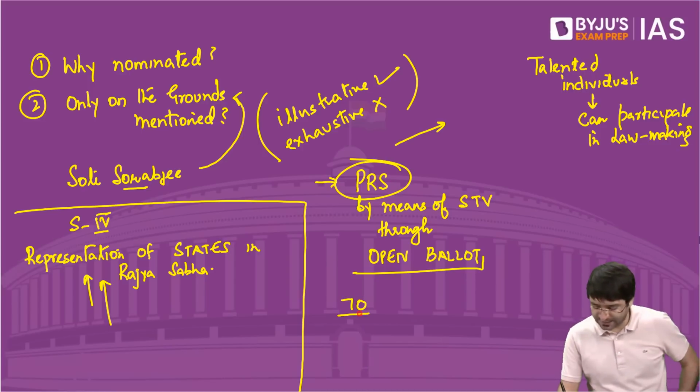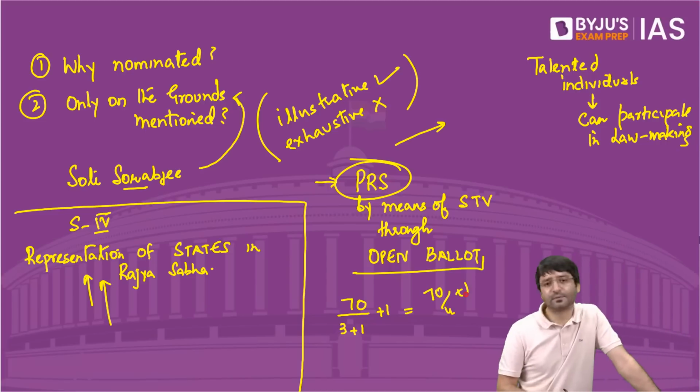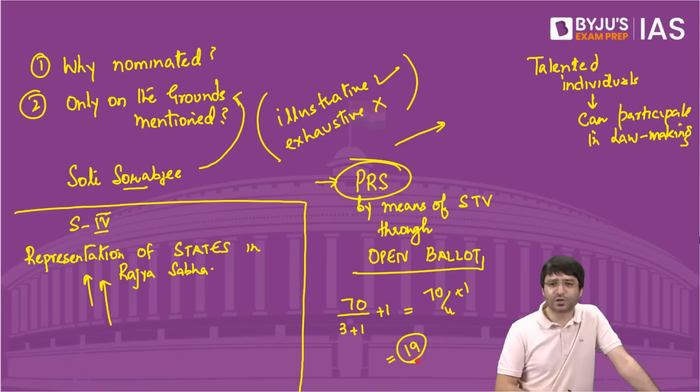Total MLAs are 70. 3 vacancies plus 1 plus 1, which means 70 divided by 4 plus 1. 70 divided by 4, what is the value? 18, close to 18. So whoever gets 19 votes will be elected from Delhi.